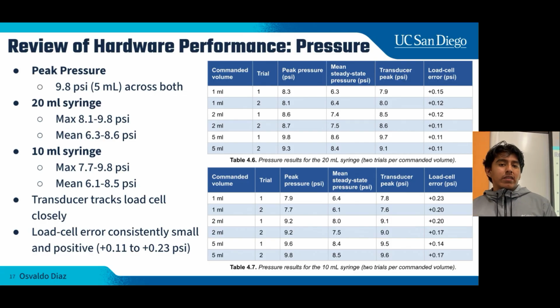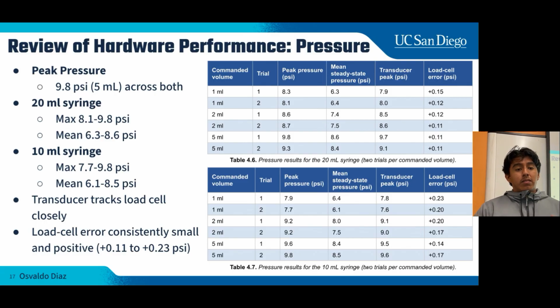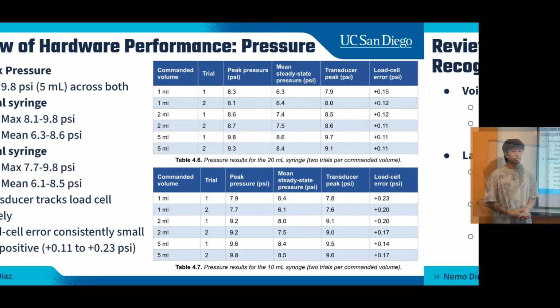All these tests were conducted alongside a pressure transducer to provide a more comparable and reliable data set. With that being said, we were able to conclude that the load cell error consistency was small and positive, ranging around 0.11 to 0.23 psi.